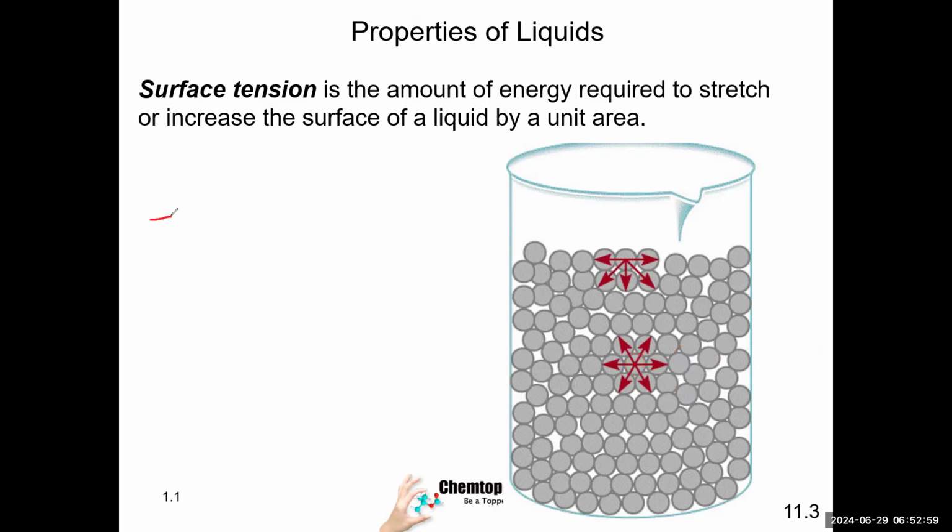So if IMF is more, then what happens to surface tension? It's more, right? Good. But if surface area is more, what happens to surface tension?